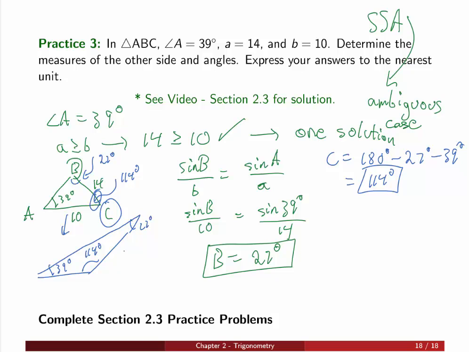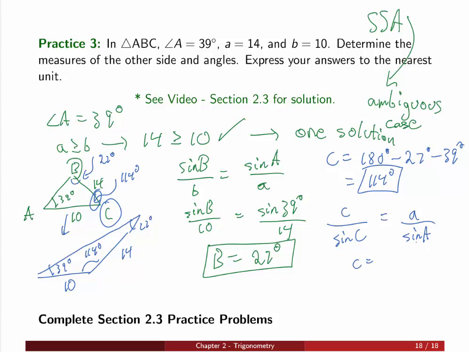This side length here is 14. This is 10, which seems to be pretty accurate. Now this next side length, which is going to be the hypotenuse of this, should be the longest side. So we're solving for c now. It's going to be sine C. We can choose anything we want here. I'll deal with A to compare it.